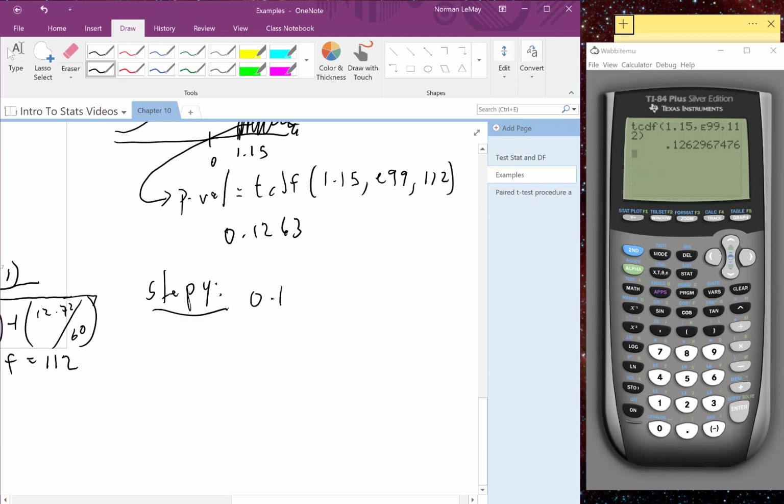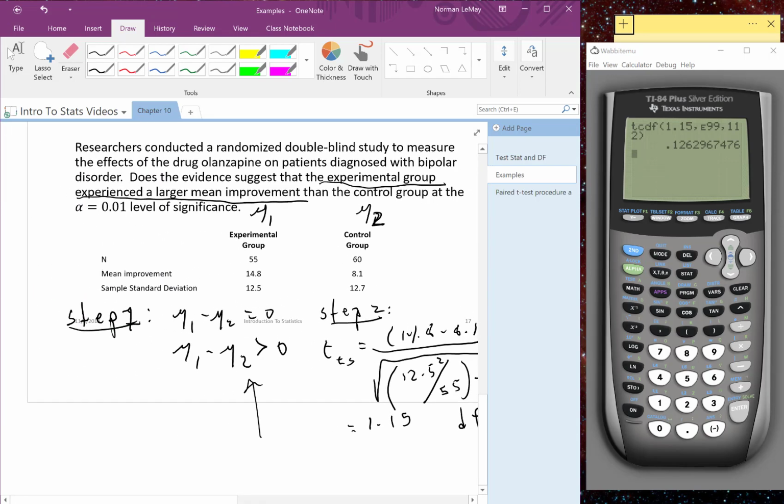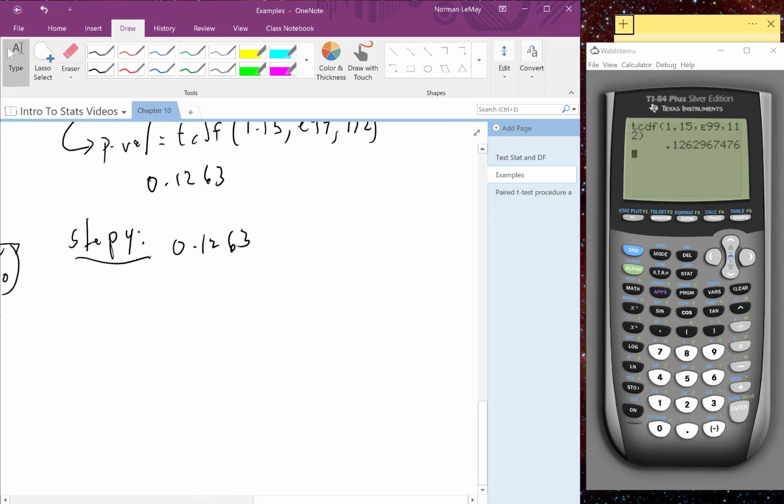So 0.1263, and we want to compare that back over here to our alpha level, which is 0.01, and we can see that our p-value is way bigger than the alpha level, so we fail to reject.